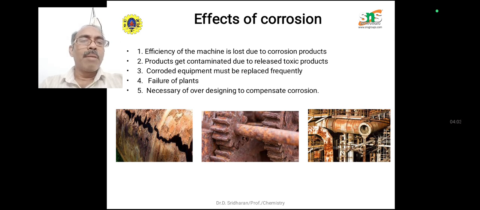Corroded equipment must be replaced frequently, and plant failure makes over-designing necessary to compensate for corrosion. This adds complexity to the design, and there are also failures of the material.